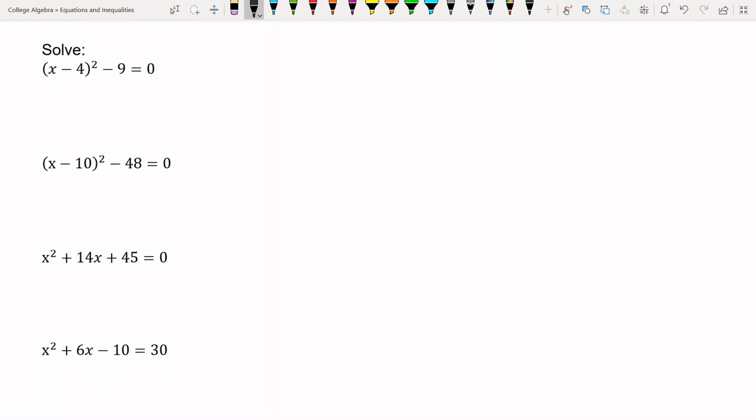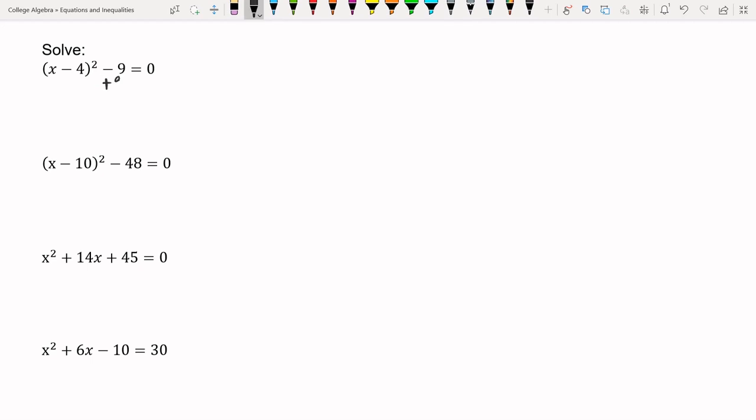Factoring is going to be a technique we're going to use. However, there are some nice techniques that we can use if the problem allows for it. And the first couple are that kind of nice technique. In this case, x is contained within this quantity being squared. If the only x is within that quantity and everything on the outside is just a number, this is actually easier to solve.